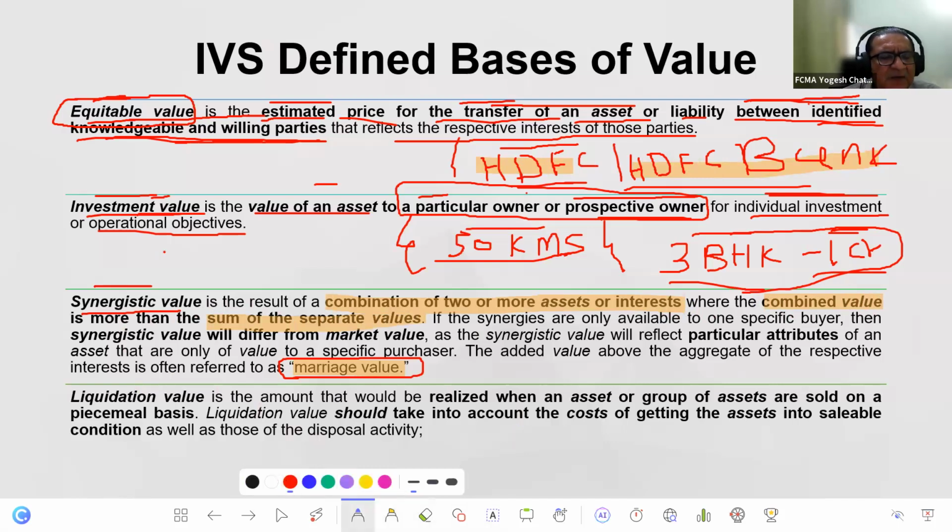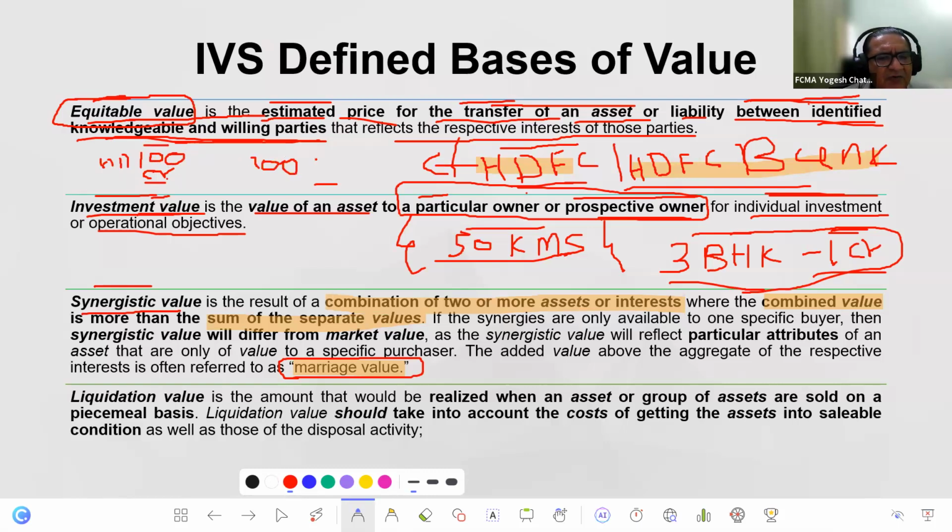Supposing there is a plant and machinery, and we can visualize there is office furniture with HDFC. So that is the entire building with furniture, say 100 crore rupees. The value of that to HDFC and HDFC Bank both is 100 crore each.